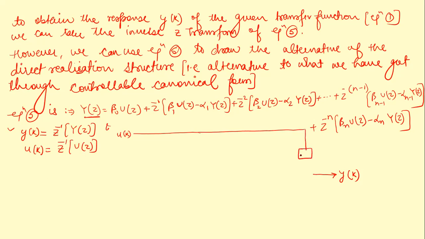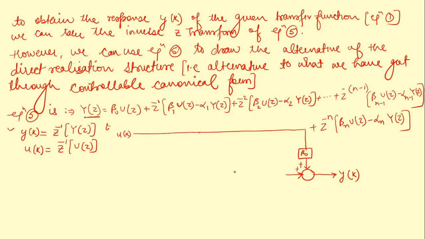This is one element, beta naught, and then we will add here, right? So it is added with something which is coming from this side. We have plus and plus, right? So yk is beta naught into uk plus something.